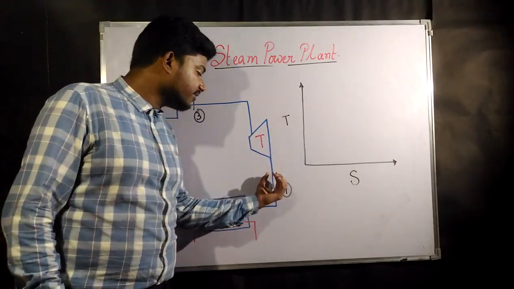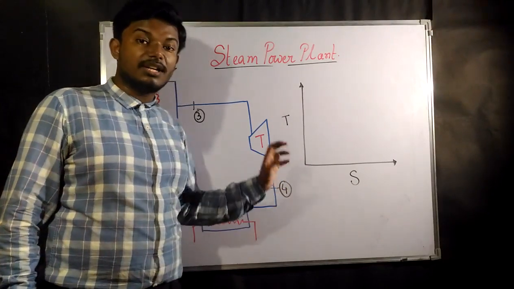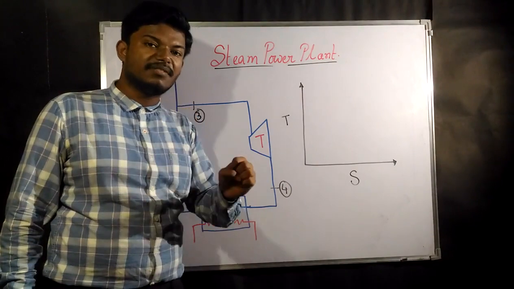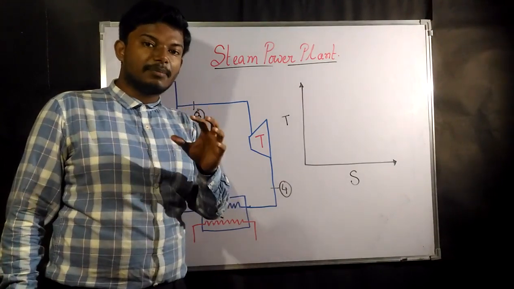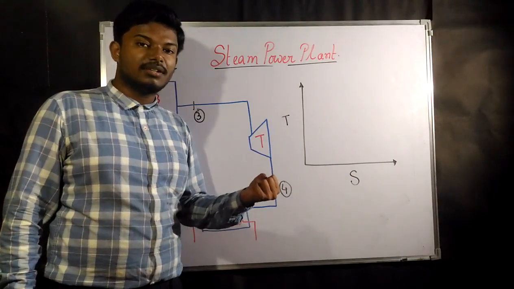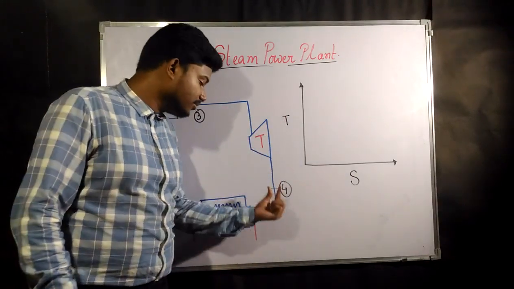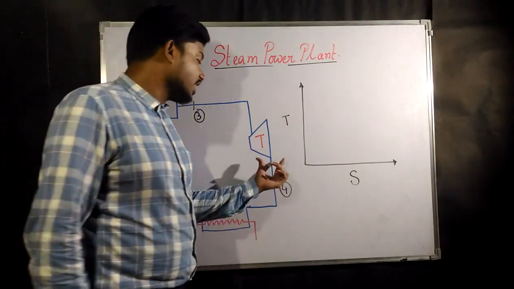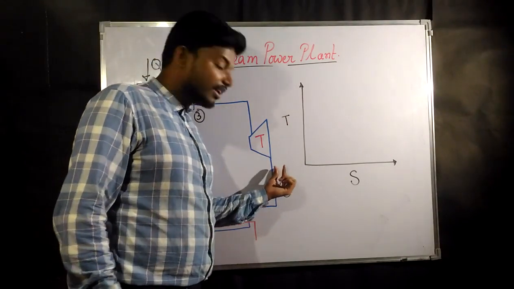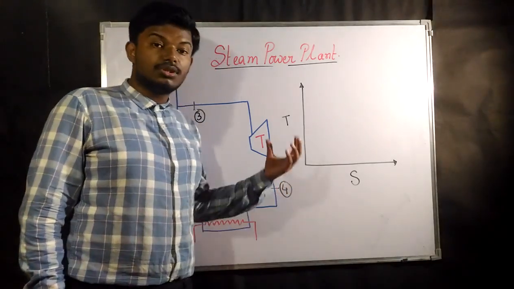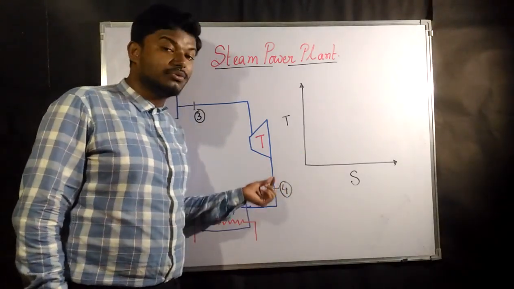Whatever substance is coming out may be saturated vapor, that means complete vapor, or it may be a mixture of vapor plus liquid. Whatever it is, it will come to the condenser. In different cycles, if you apply the Carnot cycle, the phase with which the substance comes out will be liquid plus vapor.